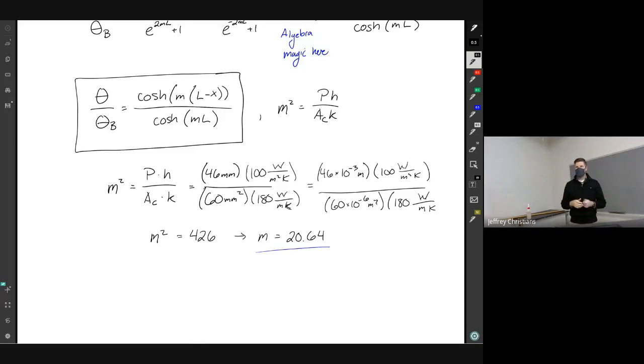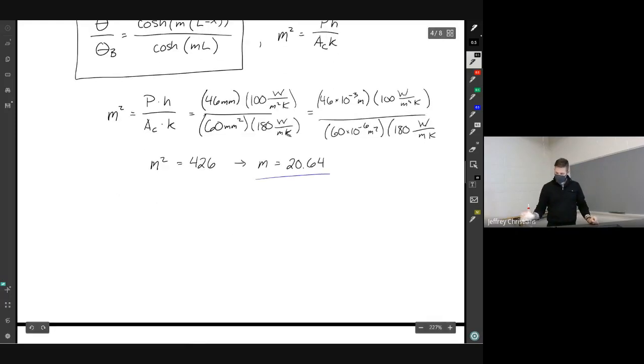It doesn't have any units because it's a ratio of things where all the units will cancel each other out. So you end up with watts per Kelvin on the top, watts per Kelvin on the bottom. That all cancels out. So the kind of neat thing is that it's not a single value that matters. It's this kind of unique collection of values.